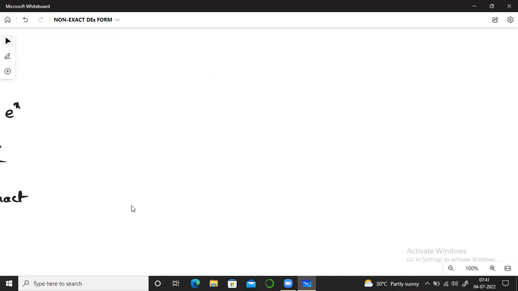I will write the same equation once again: y into 2xy plus e to the power x into dx is equal to e to the power x into dy. Now I am doing inspection, which means I am checking whether I can regroup this equation into a different form.